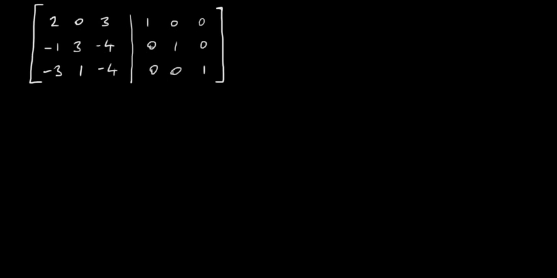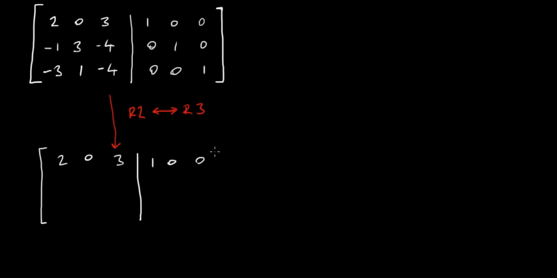Now first thing I'm going to do, I'll write down what I'm going to do in each case. So we're going to take this matrix here, and I need a 1 in the middle here. So what I think I'll do is I'll take row 2 and row 3, and I'll just interchange them. So what I end up with here is 2 0 3, line down here, 1 0 0.